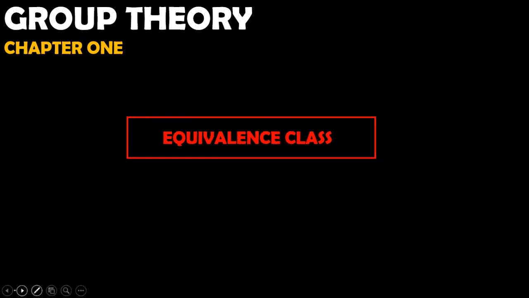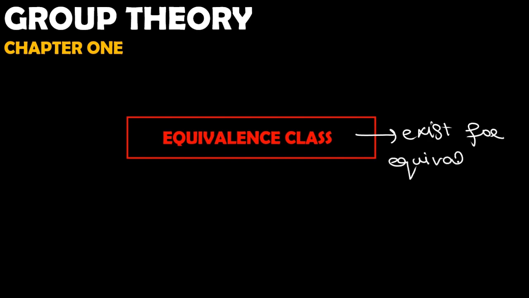Our next topic is the equivalence class. Always remember that an equivalence class exists only for an equivalence relation. You can only find the equivalence class of an equivalence relation.